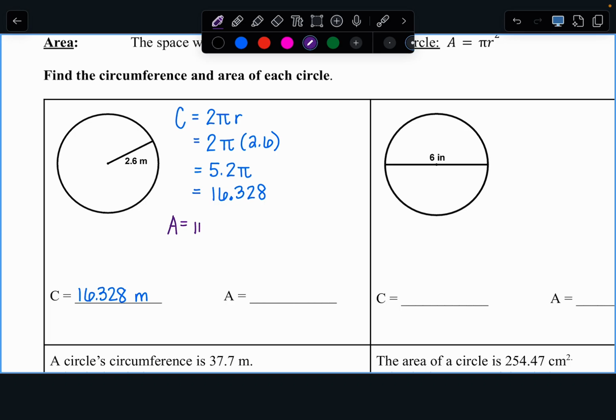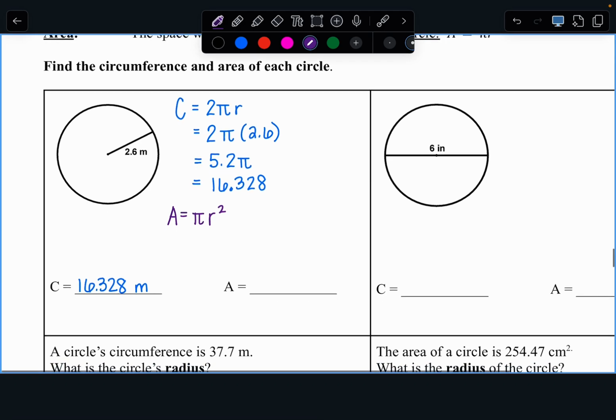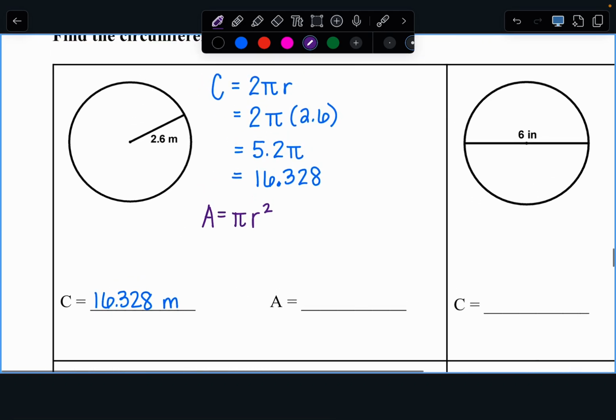Area is pi r squared. So this would be equal to pi times 2.6 squared. 2.6 squared means 2.6 times 2.6.